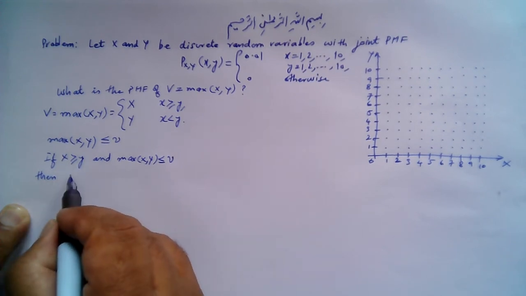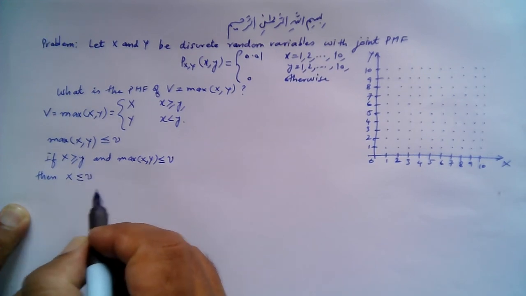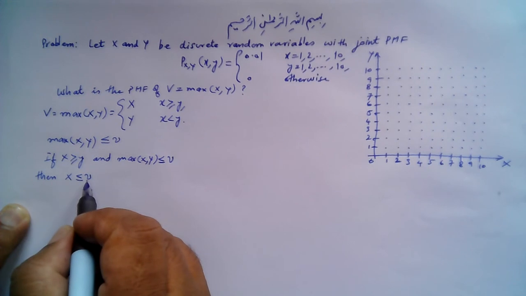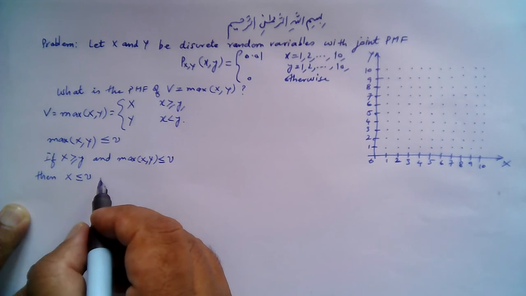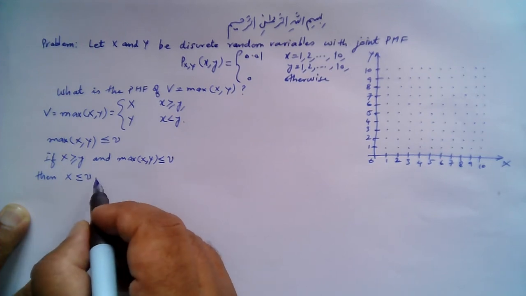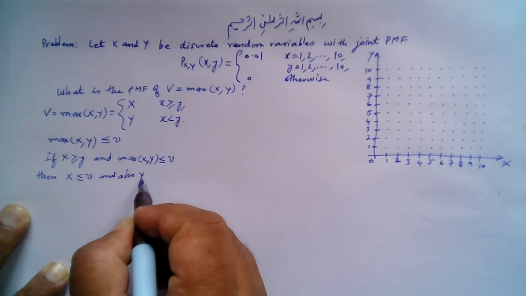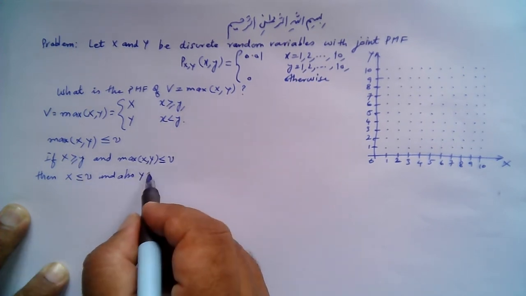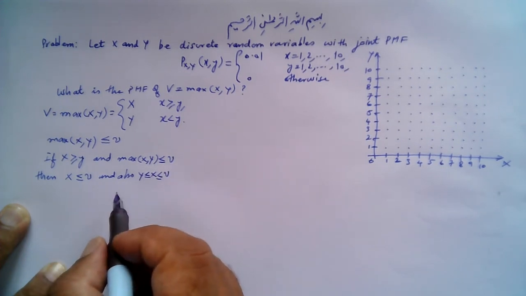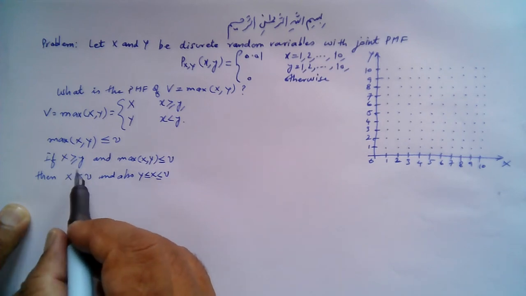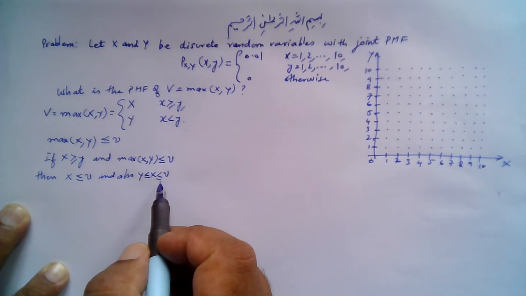So it means that x is less than or equal to v. If the maximum value is less than v, then the smaller value will also be less than v. So we can say that y is less than or equal to x, and it should be less than or equal to v also. So we have x less than or equal to v and y also less than or equal to v.